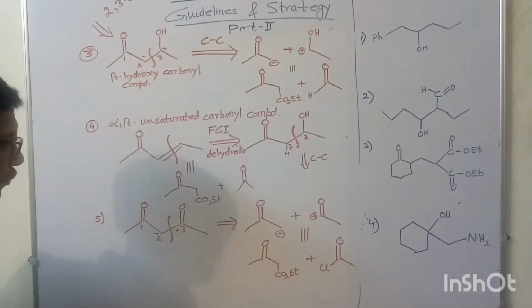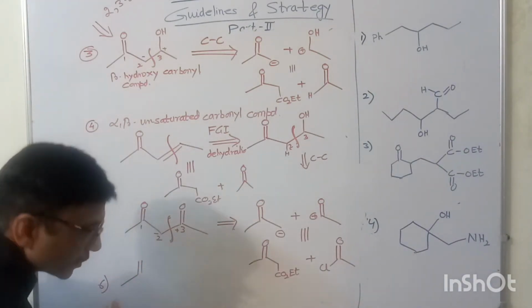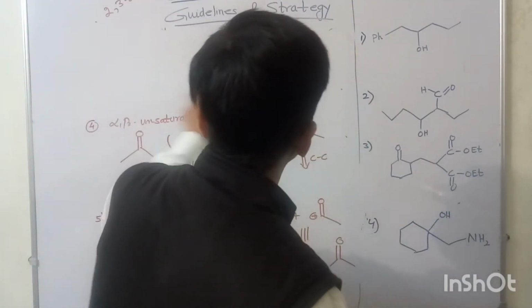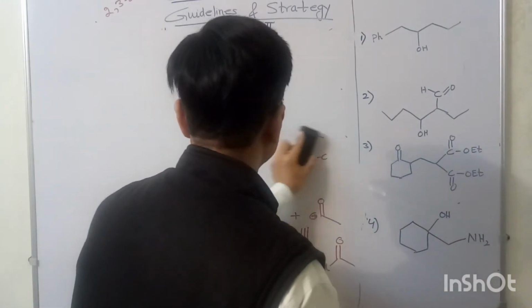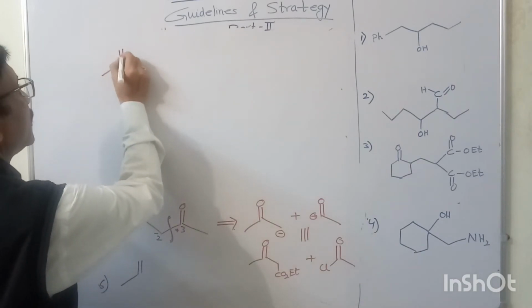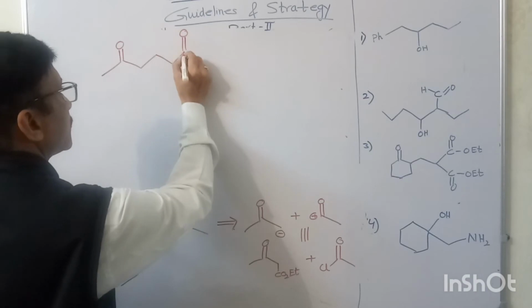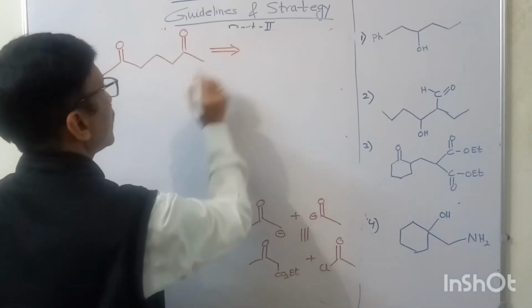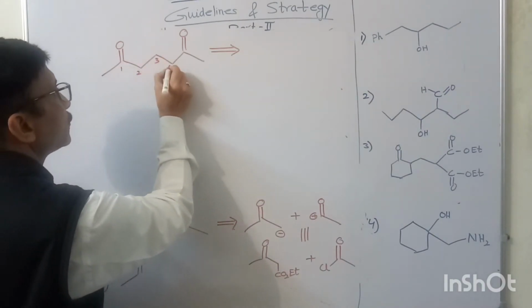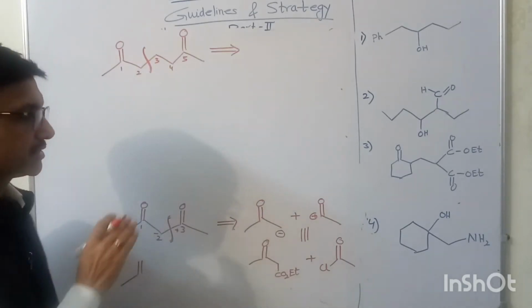In the same way, if you have a 1,5 dicarbonyl compound, so this is 1, 2, 3, 4, 5, then again we can do the 2,3 disconnection, similar to here.